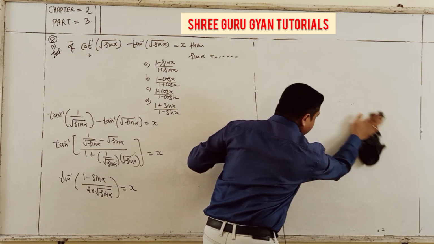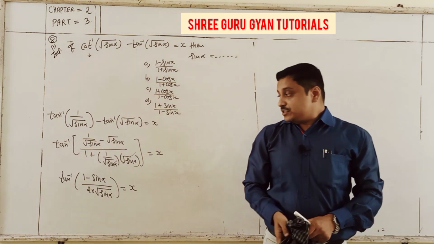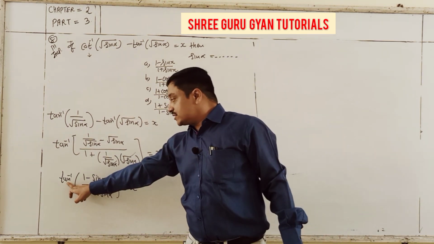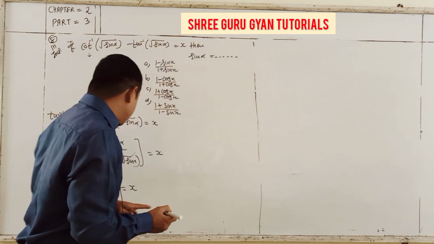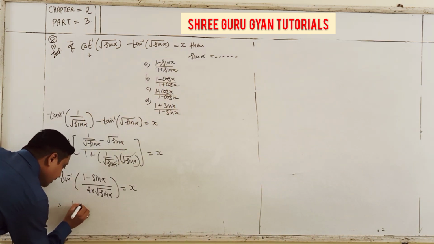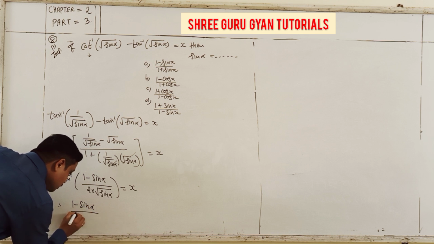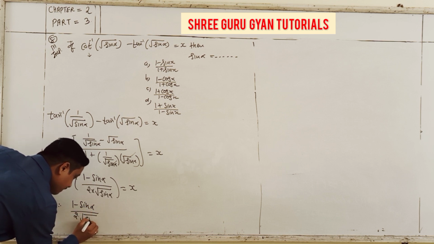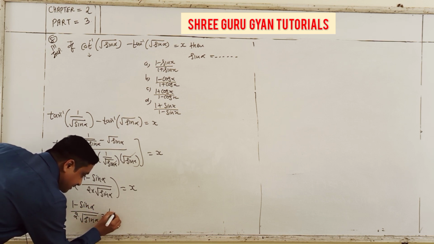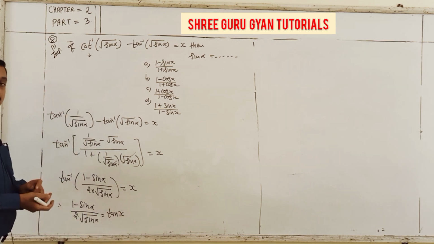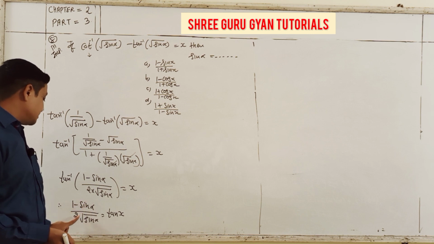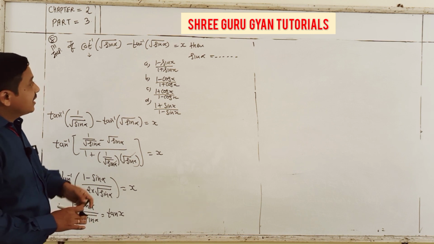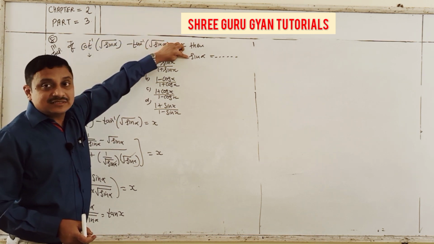Anyhow, now students, this tan inverse x I convert from left to right. So definitely I have here 1 minus sine alpha by 2 under root sine alpha is tan x, and that should be your first data. Tan inverse x is tan x, 1 minus sine alpha upon 2 sine alpha, but I want the value of sine alpha.